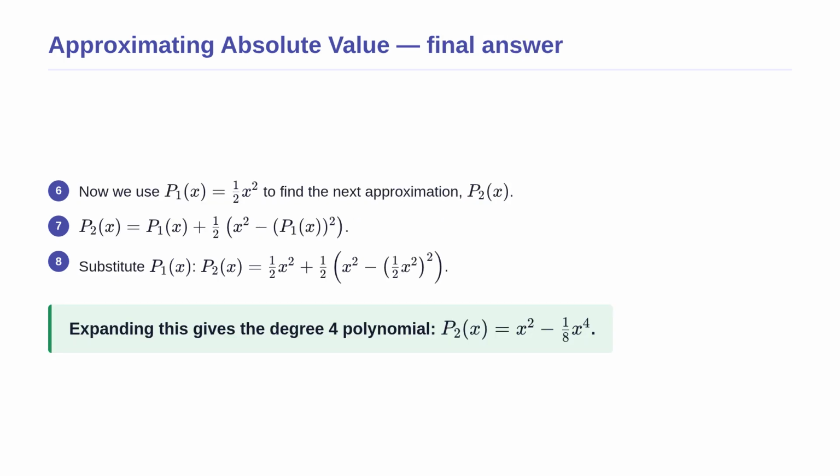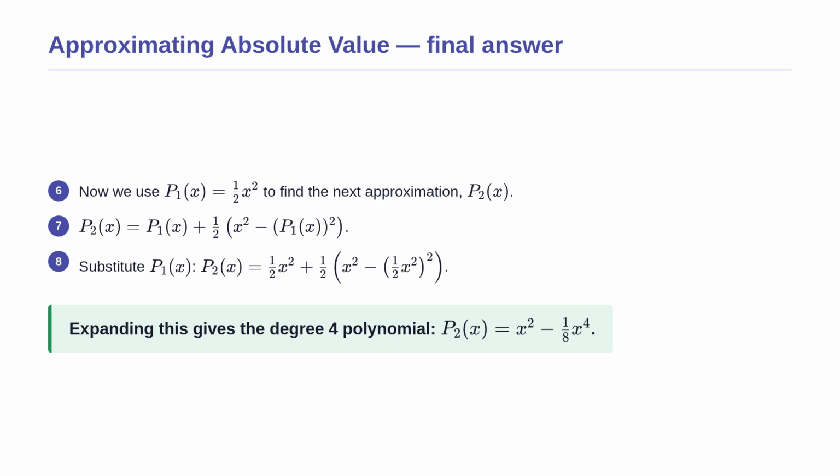To get an even better fit, we repeat the process. We take our new polynomial, P1, and plug it back into the recipe to get P2. We substitute 1/2 x squared everywhere we see Pn in the formula. When we expand the squared term inside the parentheses and distribute the 1/2, we get a new polynomial of degree 4, x squared minus 1/8 x to the 4th.